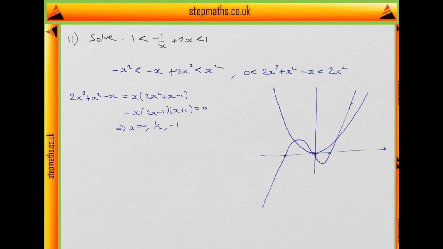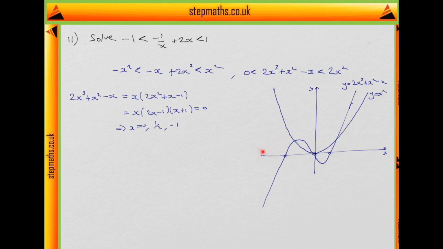So we want to think about now our inequality here. Clearly we're concerned with the region where 2x squared is greater than 2x cubed plus x squared minus x. Let's label on the names of our graphs so we can clearly see it. So that's y equals 2x squared, and this is y equals 2x cubed plus x squared minus x. And that's if we label x and y. Clearly we see a region here.